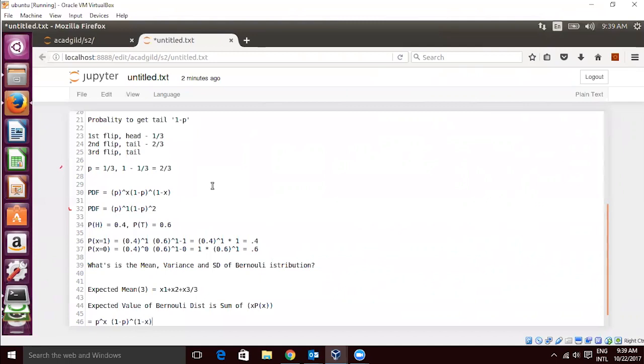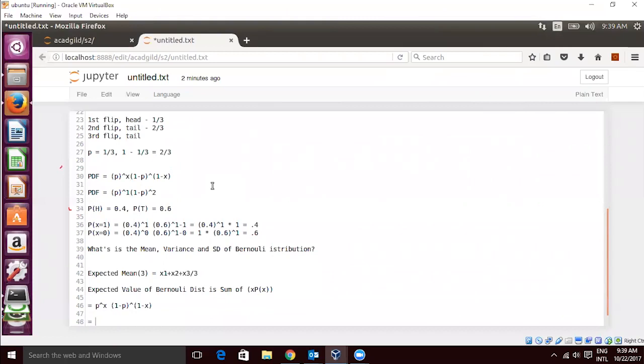Now what is the x value? The x value is the success value. The success value is 1, so p to the power of 1 into 1 minus p to the power of 0, which is 1 minus 1 is 0, is equal to p. So the mean or the expected value of Bernoulli distribution is p.